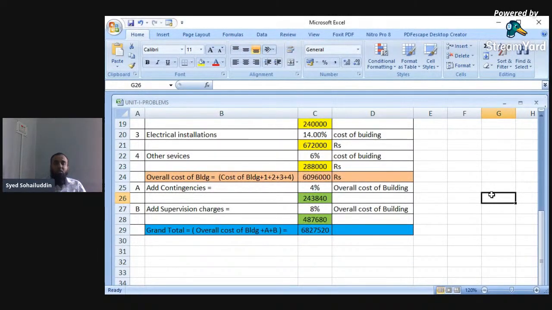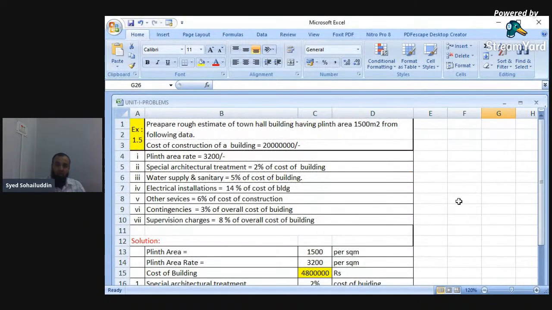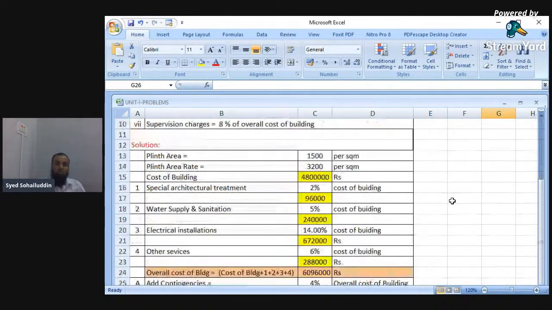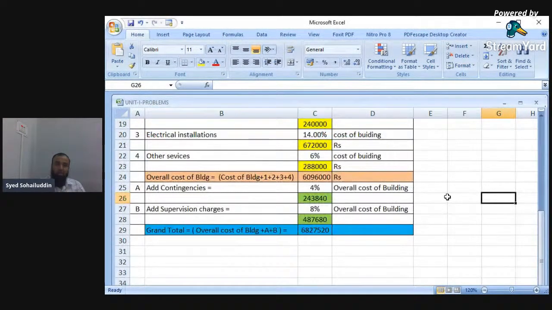So these are the simple problems related with the preliminary estimate, or related with the plinth area method, or related with the cubic content methods. Okay. So being today as we have started the problems, from next lectures we will have somewhat more problems related with this.